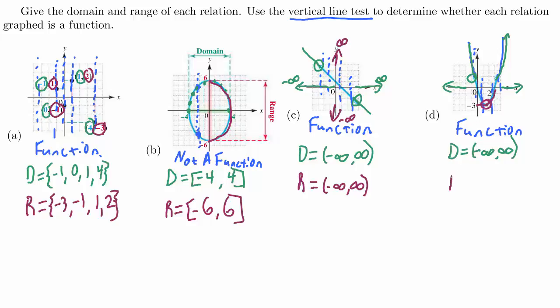So your range actually starts at -3 and continues all the way up to infinity because it keeps going up that way. Therefore, you end your range at infinity.